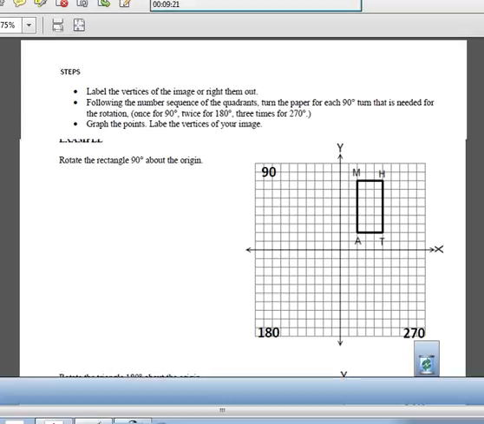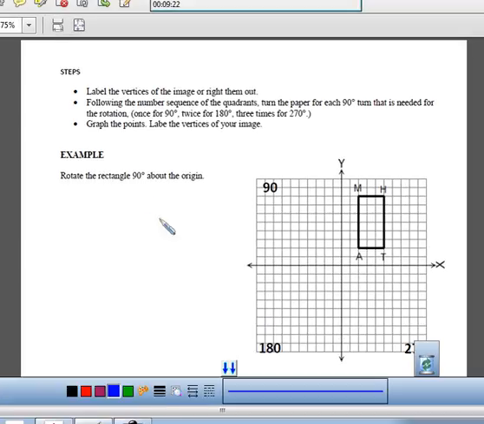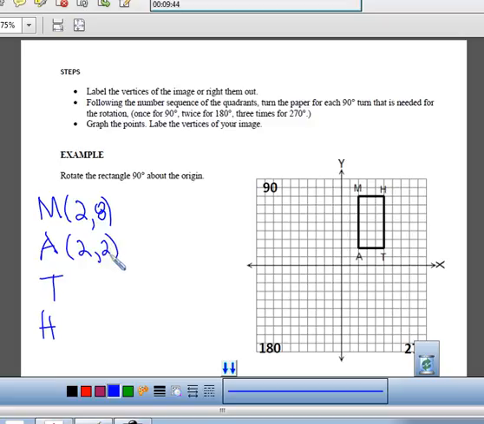So we have the points M-A-T-H. So I want you to write down our original points, M, A, T, and H. M is located at 2, 8. A is located at 2, 2. T is located at 5, 2.